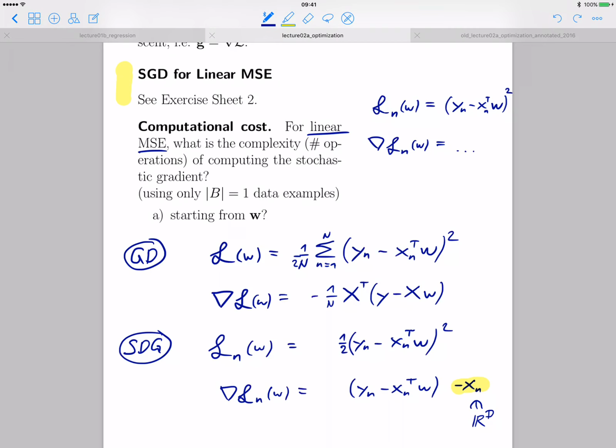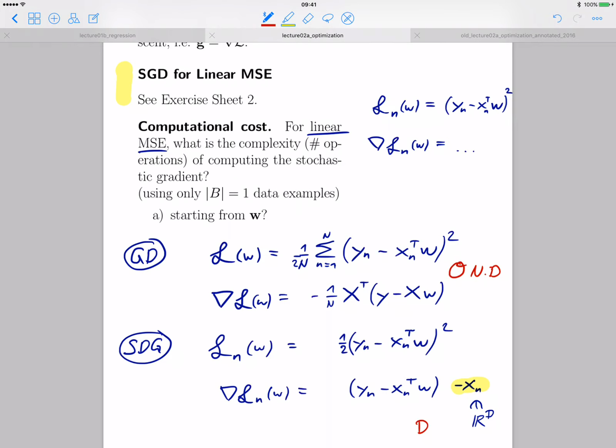The point is that this one here costs n times d to compute, and the one on the bottom is only costing you d to compute. So maybe some of you are not familiar with this O notation. It just means the order of magnitude, when these two numbers become very, very large. If n and d are 1,000,000, then the order of it is what we write like this.